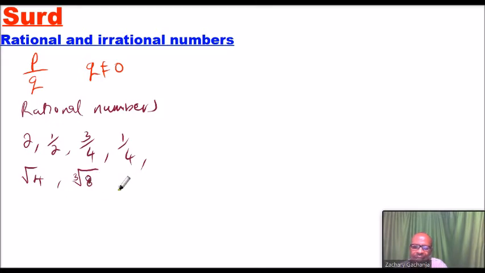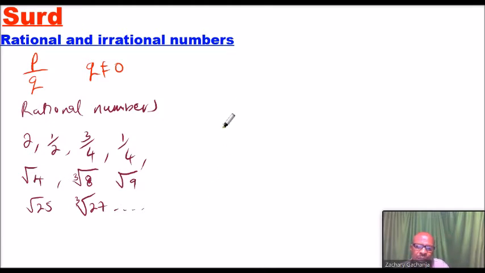We can have the square root of 9, which is 3. We can have the square root of 25. We can have the cube root of 27, which is 3. On and on, we can go on with rational numbers.